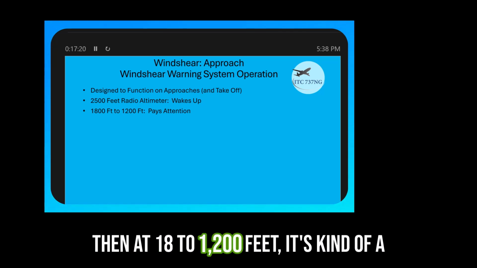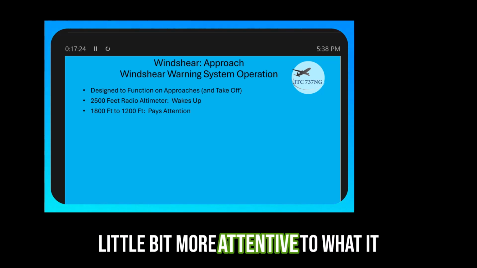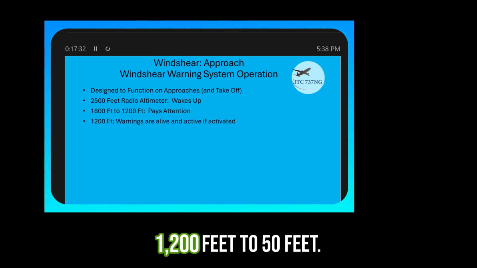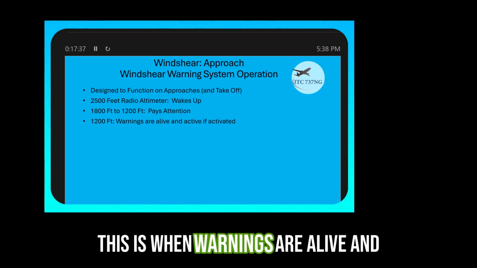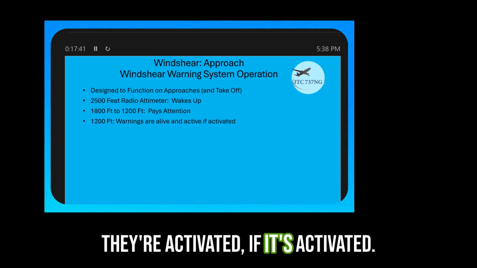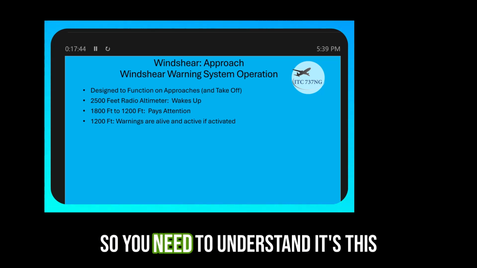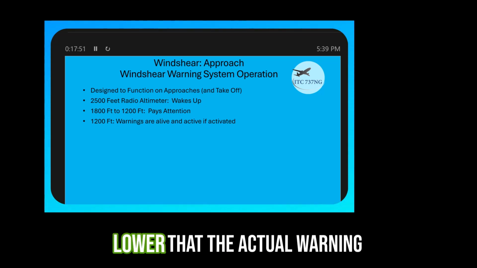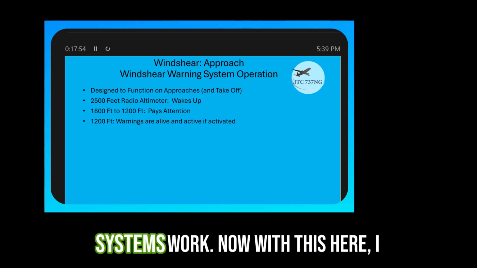And then at 1,800 to 1,200 feet, it's a little bit more attentive to what it is going to have to do in the last 1,200 feet to 50 feet. This is when warnings are alive and active if it's activated. So you need to understand it's this 1,200 feet and lower that the actual warning systems work.